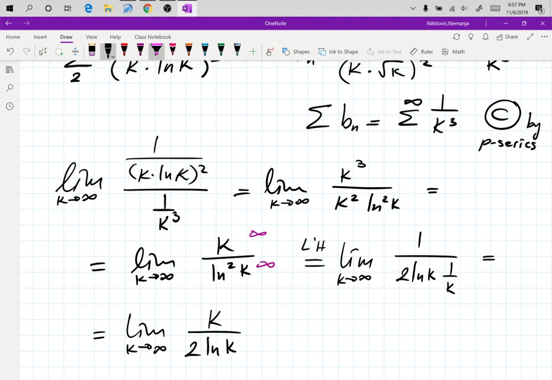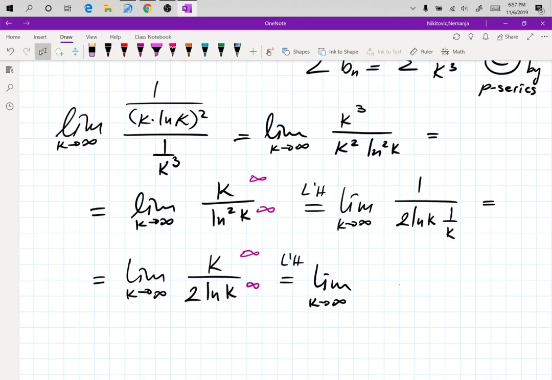Now we still have infinity over infinity, so we do another L'Hopital rule, and that's going to be 1 over 2 times 1 over k, which is k over 2, with the limit in front, so we have infinity.